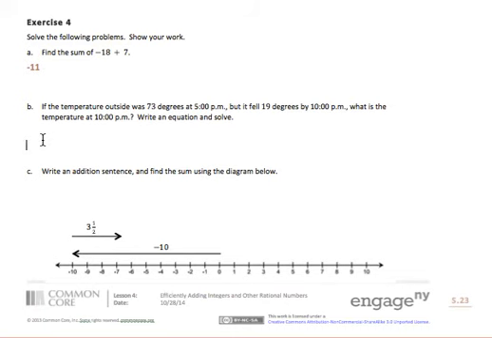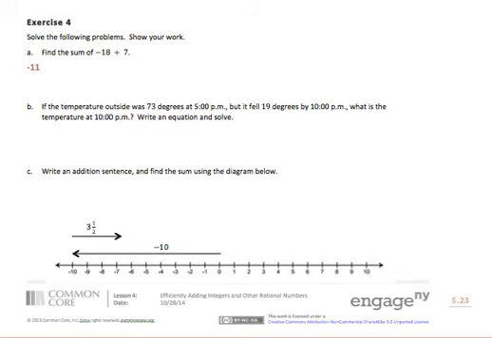In question B, a little word problem, it says if the temperature outside was 73 degrees at 5 p.m., but it fell 19 degrees by 10 p.m., what is the temperature at 10 p.m.? Write an equation and solve. Remember, ladies and gentlemen, this is an addition problem, or we want to represent it as an addition problem.